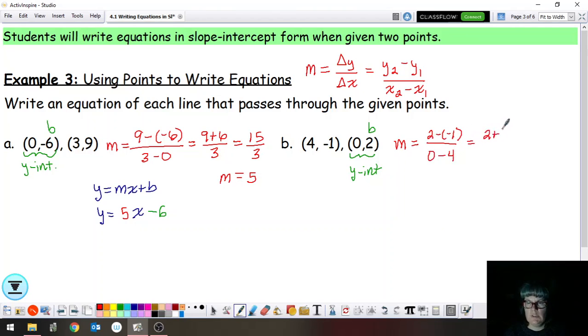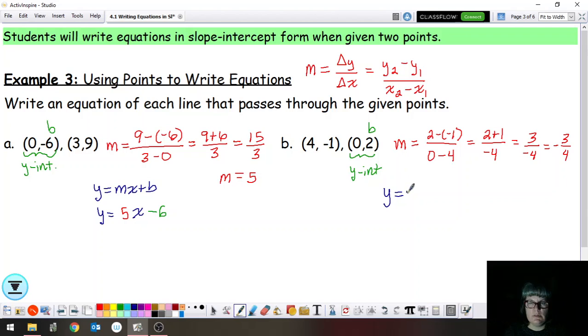Subtract negative becomes addition. 0 subtract 4 is -4. So we have 3 over -4, or just -3/4. When you have a negative that appears in your fraction, you can just write the negative out front. It just takes one negative in a fraction to make the fraction negative.